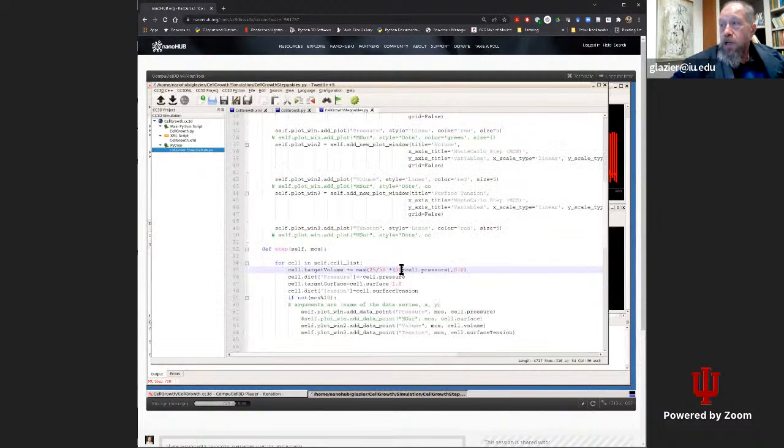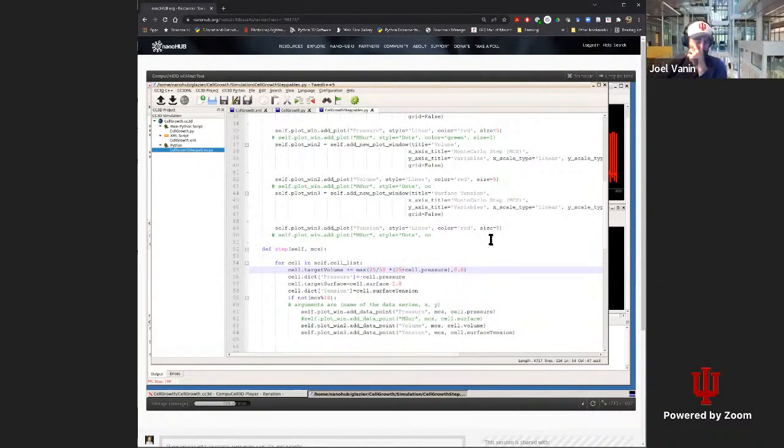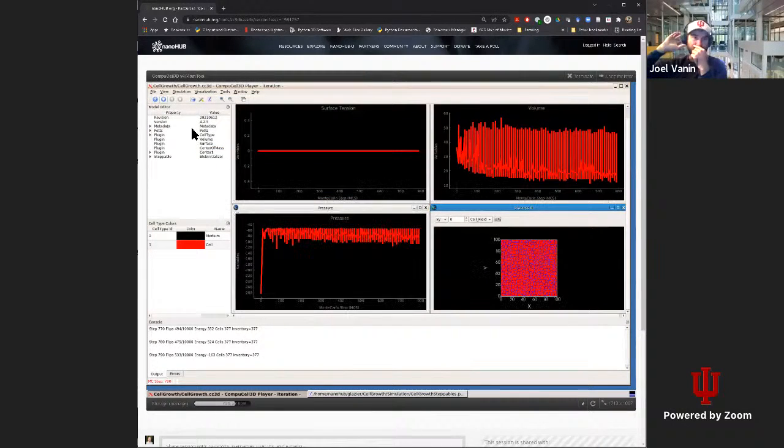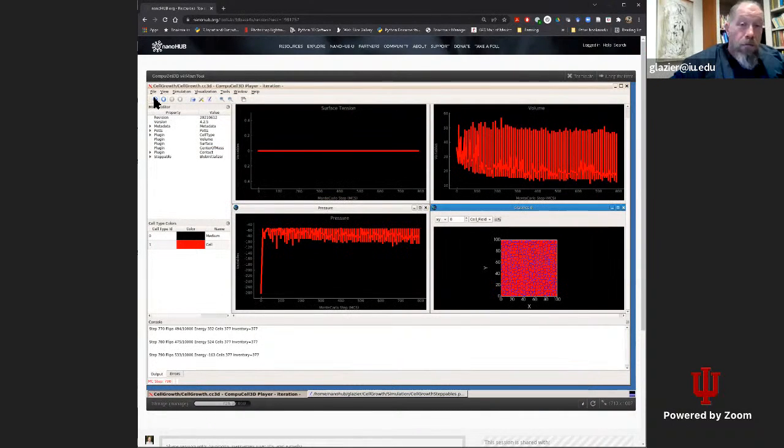What happens if I change that threshold? I made this 50. What if I make it 25? Is that going to speed up the growth or slow it down? Let's slow it down, right? Slow it down. If I did it right, maybe I did it wrong.